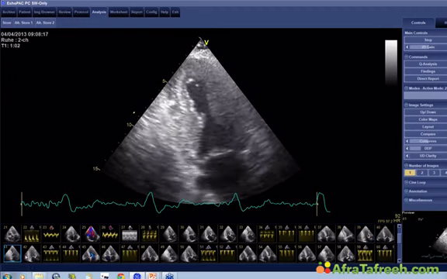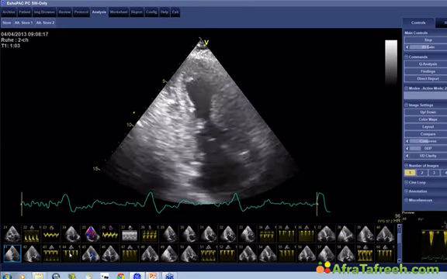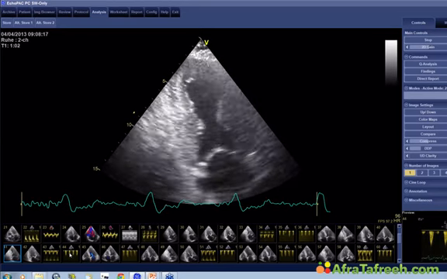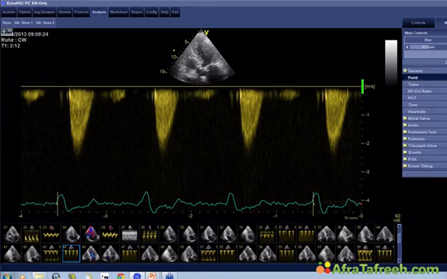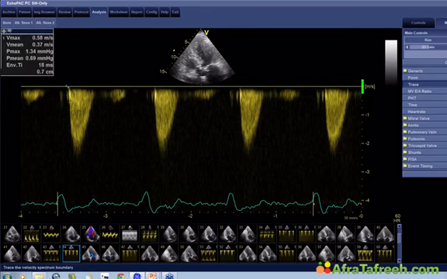Okay, this is the two-chamber view, and now finally I'll come to the continuous wave Doppler signal. Okay, this is the signal, right? Here are the typical calculations you perform in patients with aortic stenosis.